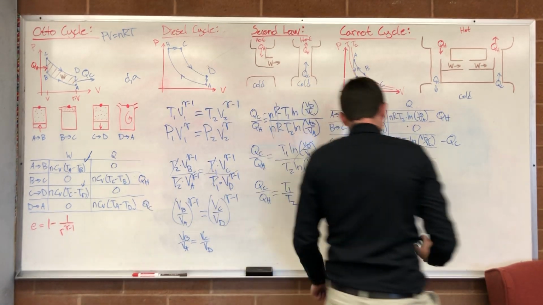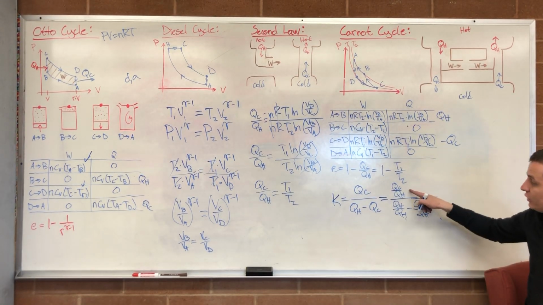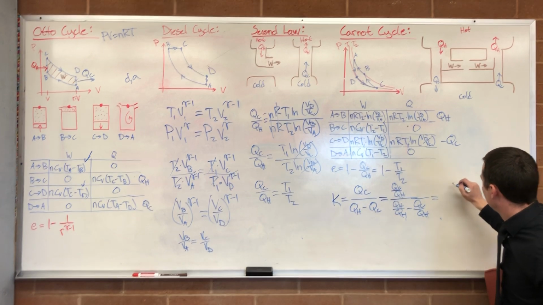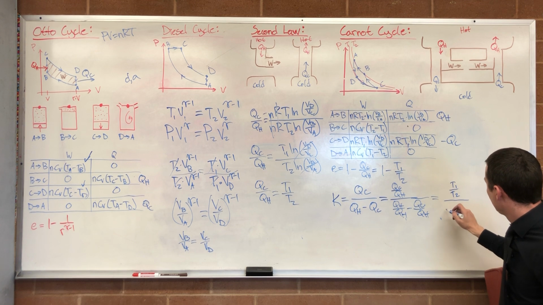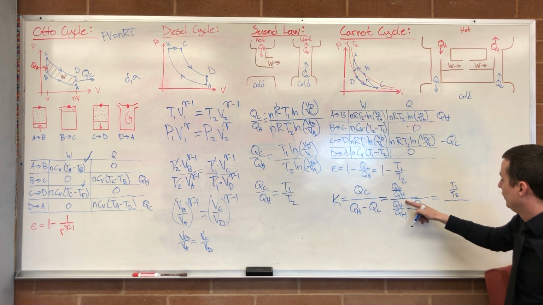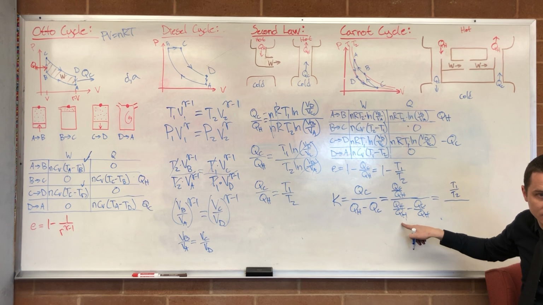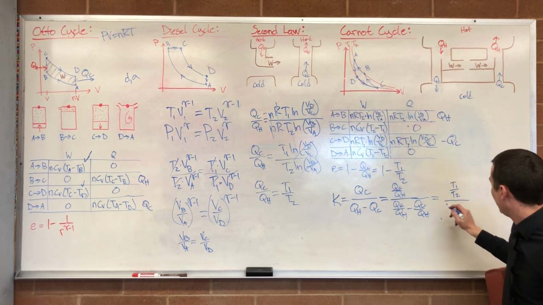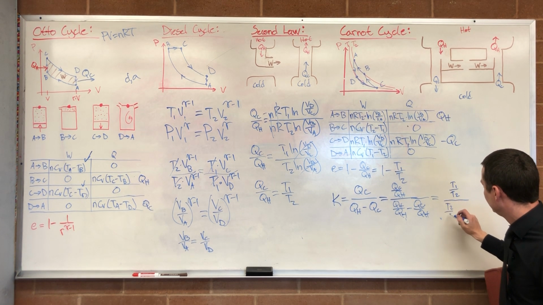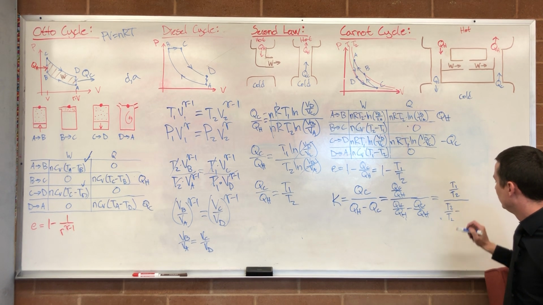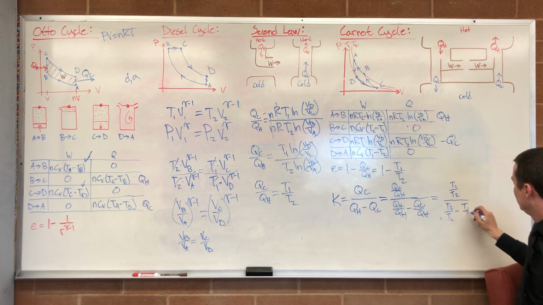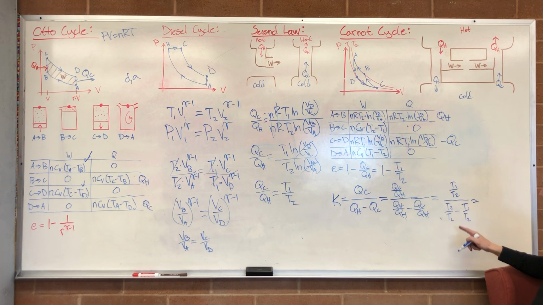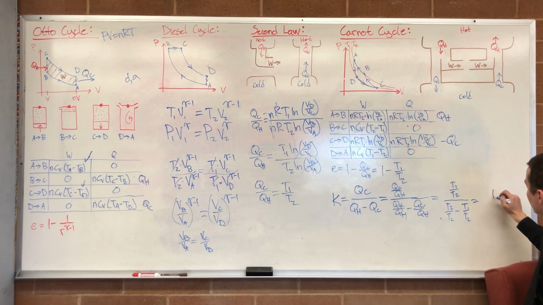Which is equal to QC over QH, which has the same ratio as T1 over T2. So T1 over T2 divided by, that's going to be 1. I can rewrite 1 as T2 over T2. No reason I can't, right? Yeah, okay. Minus QC over QH is the same thing as T1 over T2. And then that's equal to, divide all my terms by T2, and we get T1 over T2 minus T1.